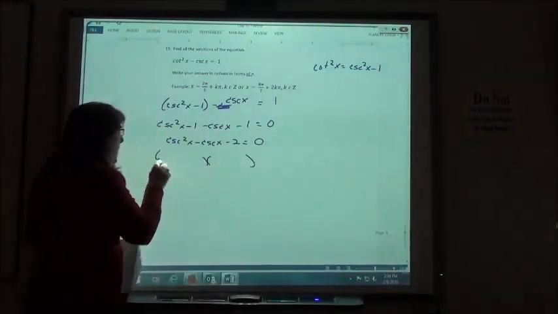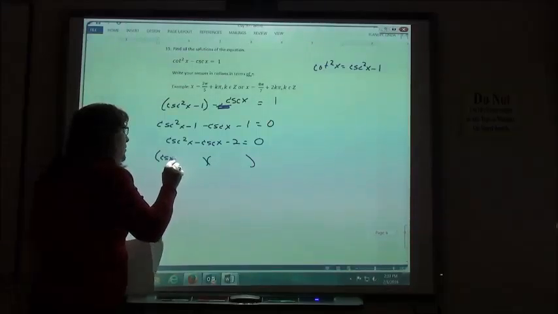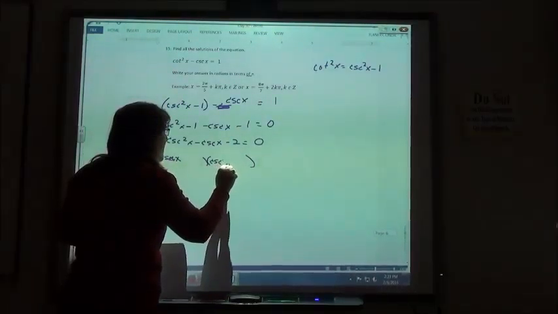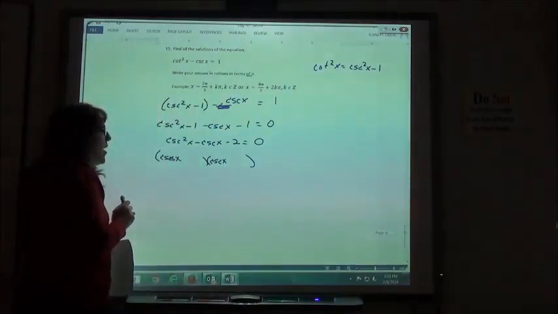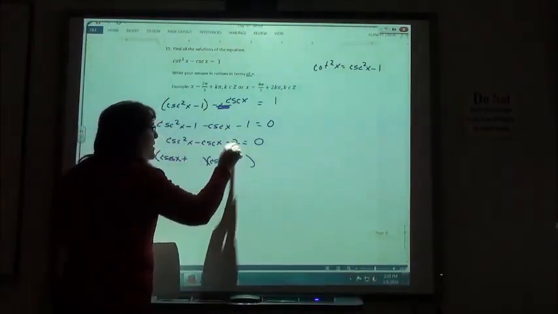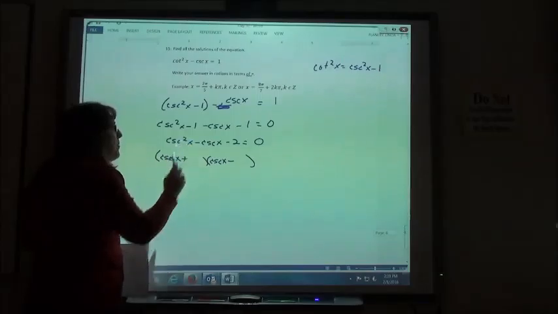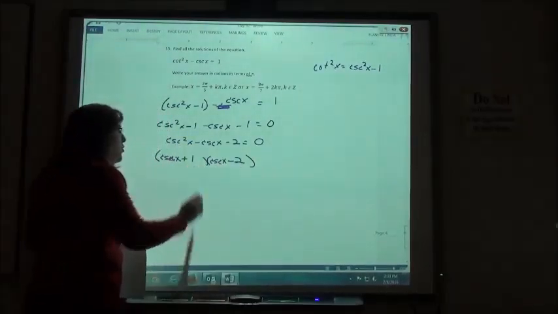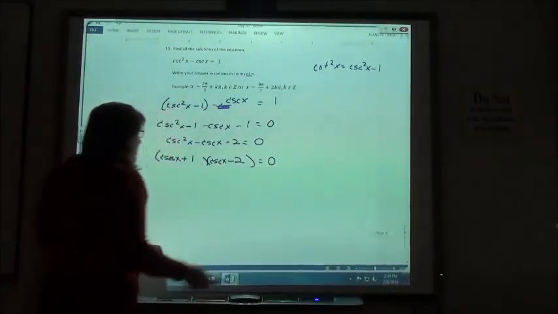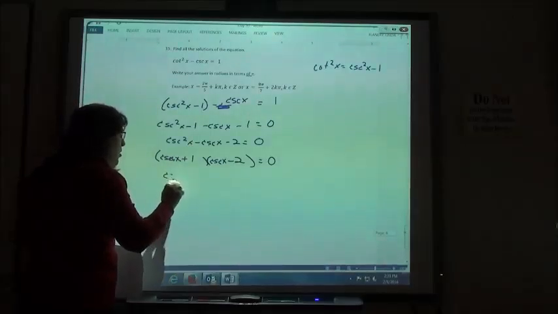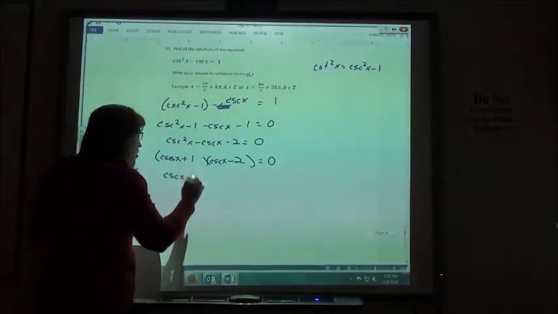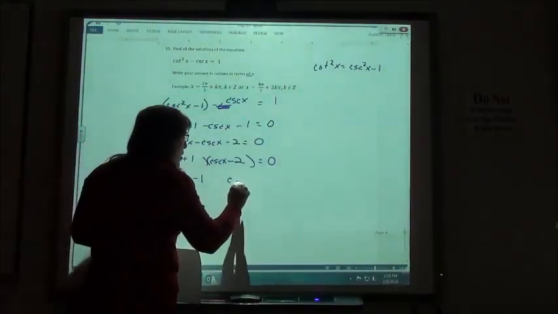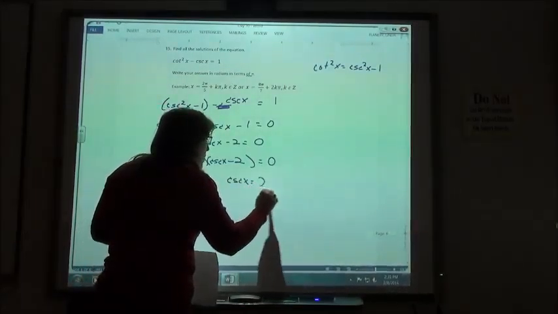Factoring, cosecant of x, cosecant of x, and cosecant of x is cosecant squared. I've got a plus and a minus. Since I have a minus on the end, I want a minus in the middle, so minus 2 and plus 1 equals 0. So cosecant of x would equal negative 1, or cosecant of x would equal positive 2.